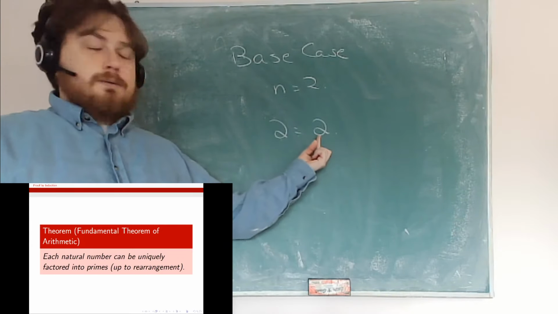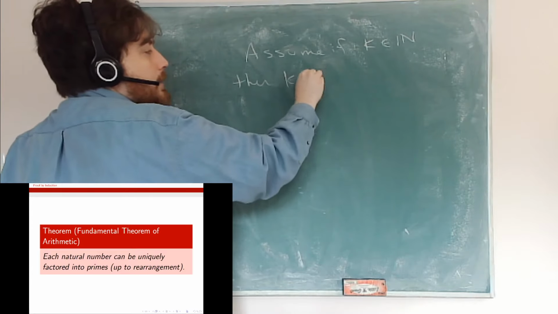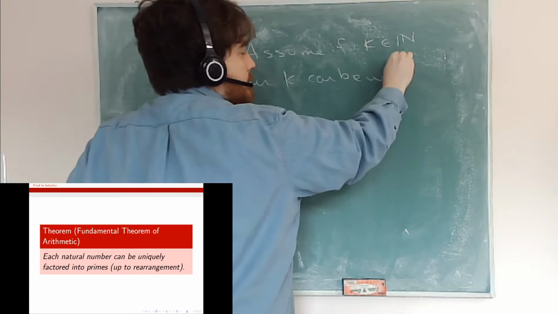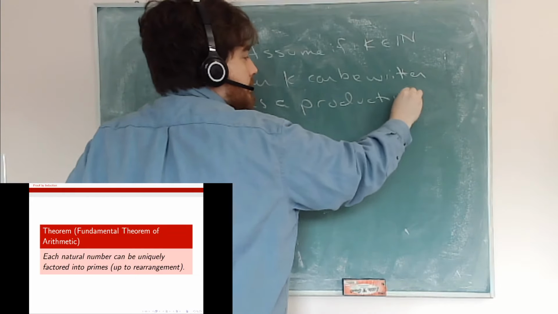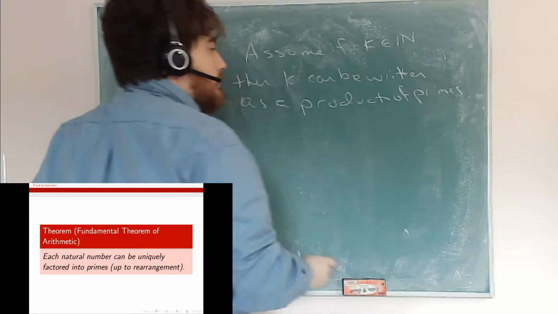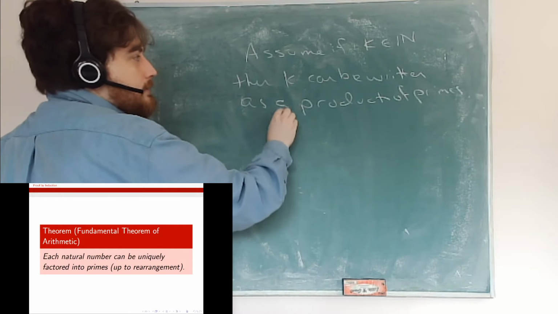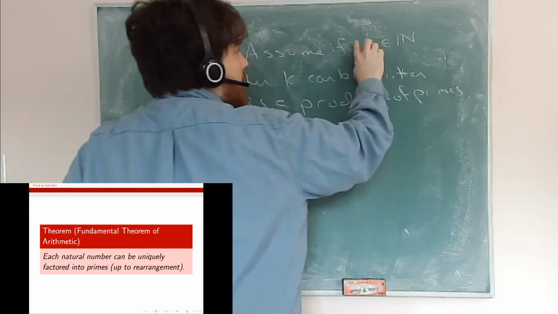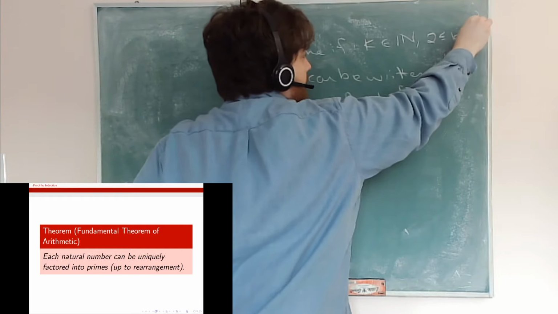Alright, so now I'm going to use strong induction, and I'm going to assume that if k is a natural number with 2 is less than or equal to k is less than or equal to m, then k can be written as a product of primes.